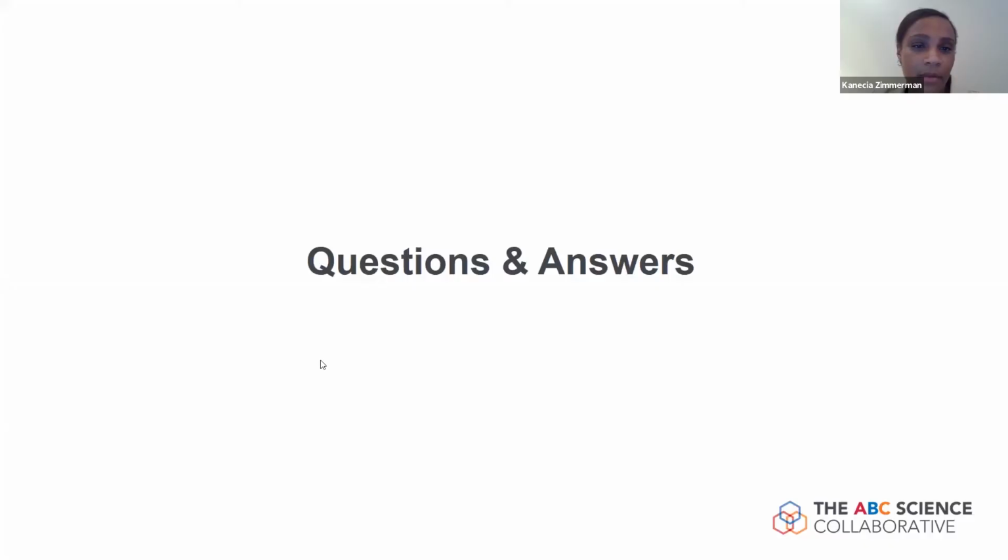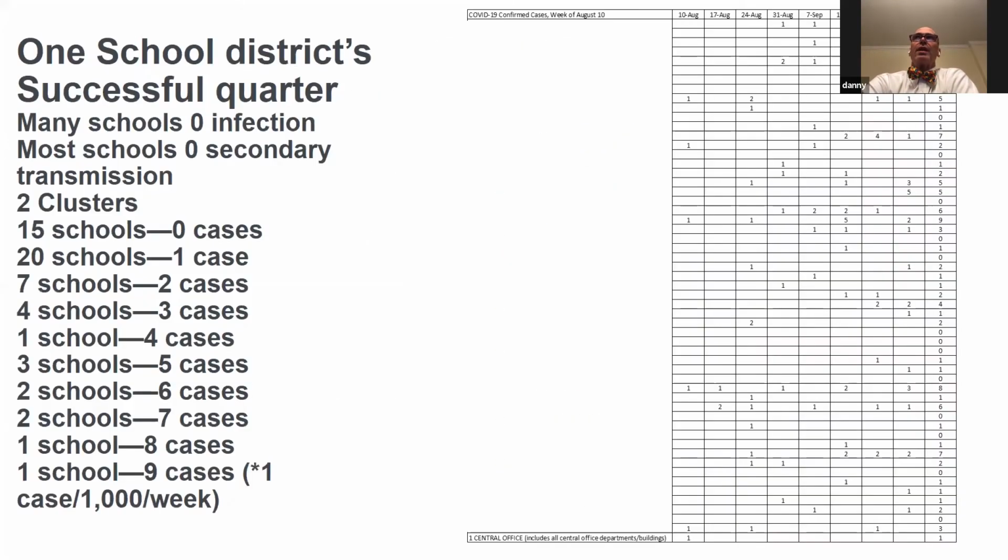There is a question about the cluster slide. This goes to, I guess, Danny or Dr. Benjamin. Have they all been in school at the same time? So most of the schools that are in hybrid have been open in hybrid since August, but a couple of school districts will open per week.